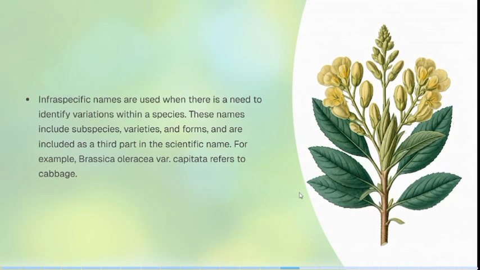In this kind of naming, you see that it has more than just two names. It's not using just normal binomial nomenclature. Now it has more than that, because we have different varieties under the same Brassica oleracea. So there are several other varieties under Brassica oleracea. These differences are what is responsible for a third name and sometimes even a fourth name.